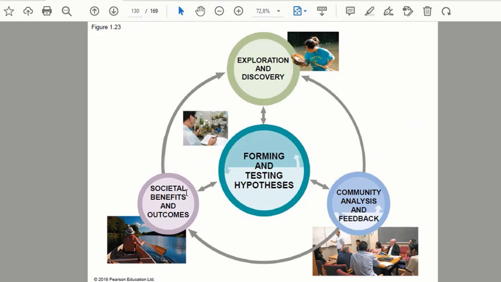And this is just an illustration diagram of the forming and testing of hypotheses, which comprises exploration and discovery, analysis and feedback, and societal benefits and outcomes, which are the products of this testing and formation of hypotheses, with analysis and feedback from the community.